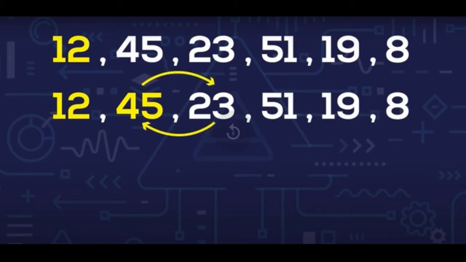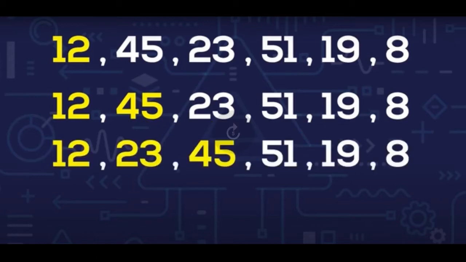Now in the next iteration, for 23, we will go to the i equals 2 position, that is 23. We will compare with the left elements, 12 and 45, and we see that 45 is greater than 23, so we will shuffle these values.